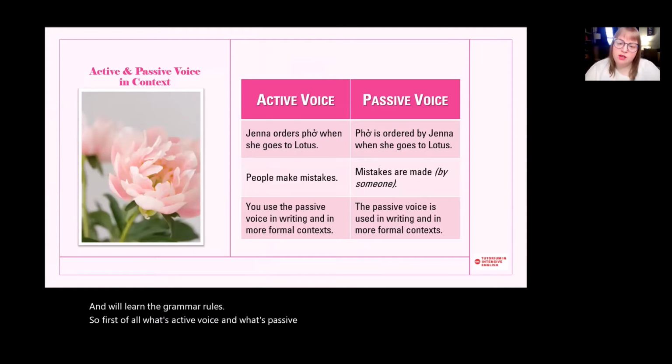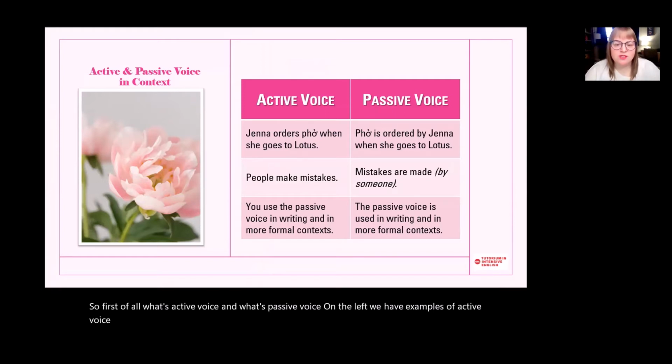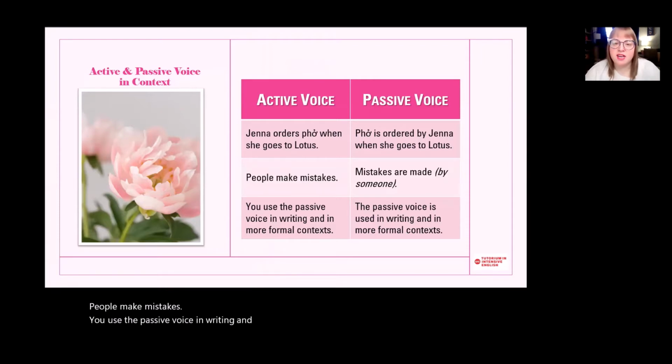On the left, we have examples of active voice sentences. I'll read those. Jenna orders pho when she goes to Lotus. People make mistakes. You use the passive voice in writing and in more formal contexts.